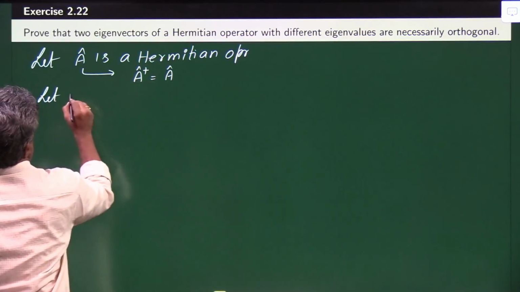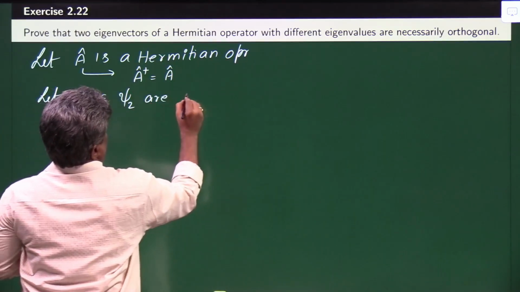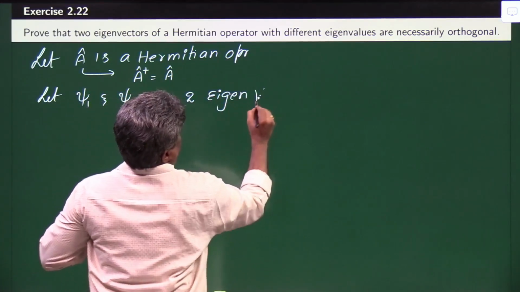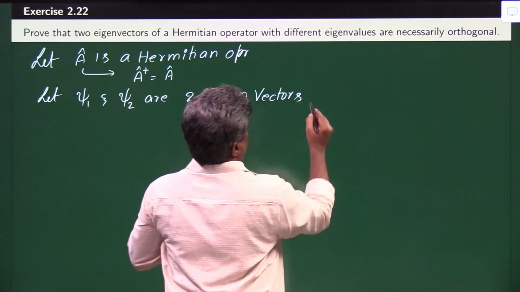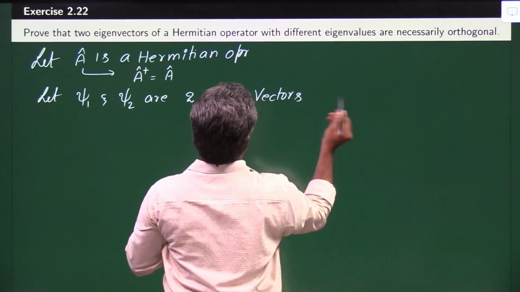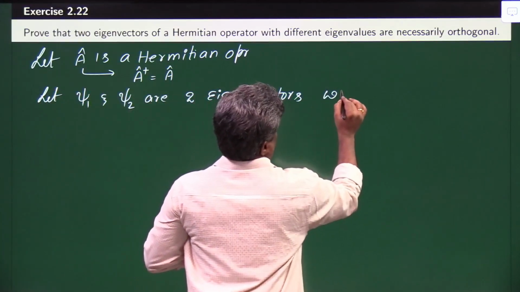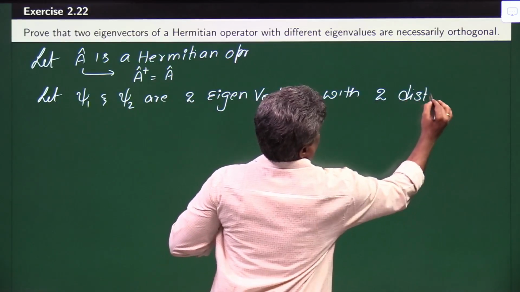Let psi1 and psi2 be two eigenvectors corresponding to two eigenvalues, let us say lambda1 and lambda2, with two distinct eigenvalues.